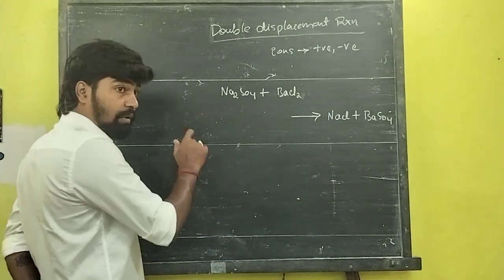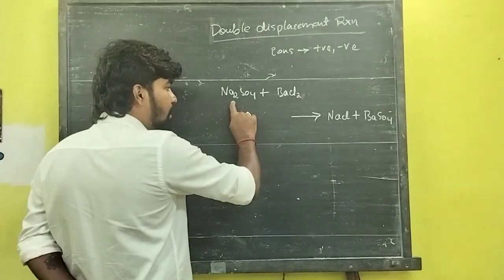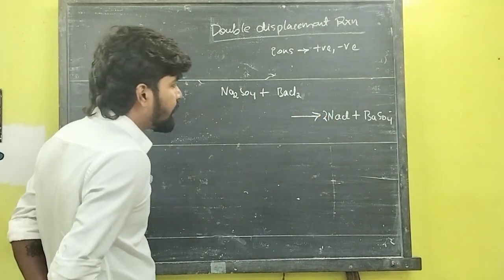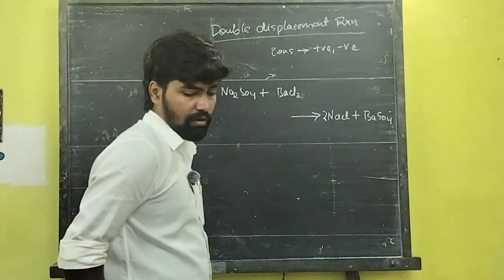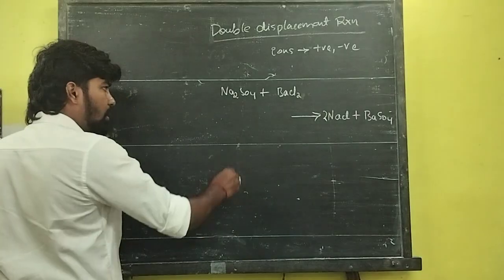Now I'm not going to balance this, because you might see in LHS Na is 2, but in RHS it is 1. You just have to put 2 here, and everything becomes proper. It's already balanced. Understood?